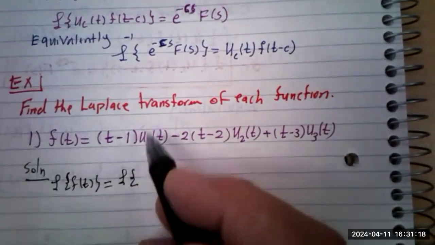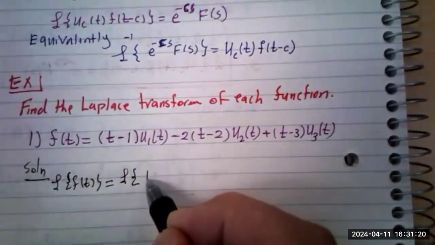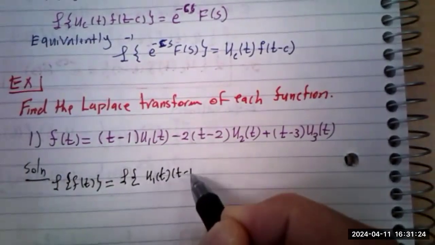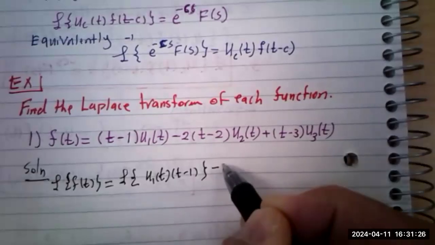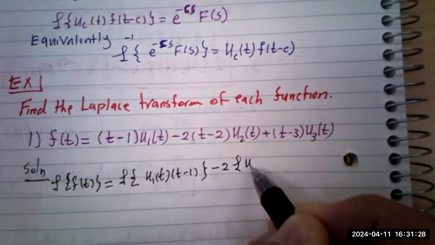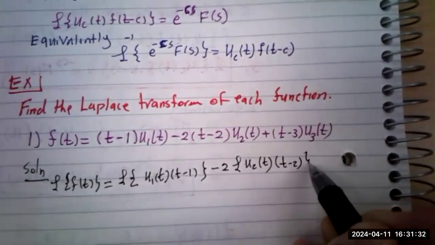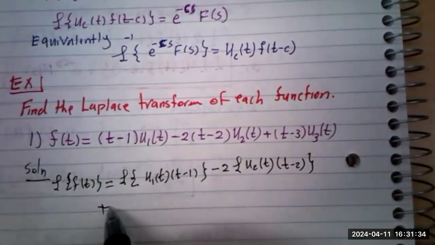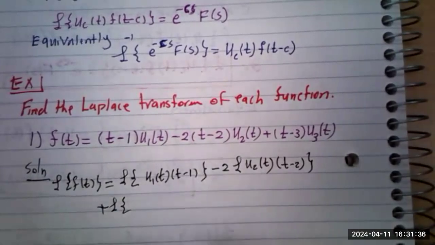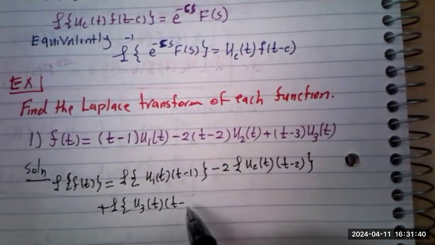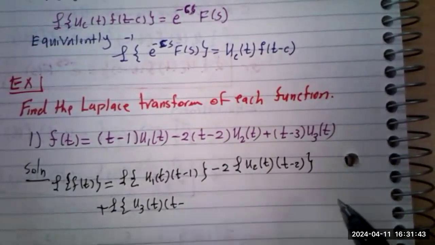The first one, if you like to write it in this form, is u1(t) times t minus 1. The next one is minus 2 u2(t) times t minus 2. The last one is plus the Laplace of u3(t) times t minus 2.